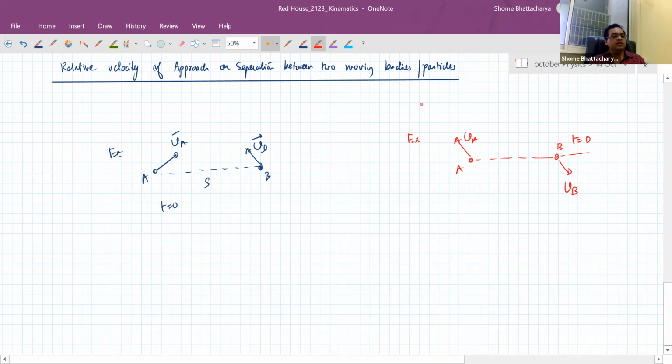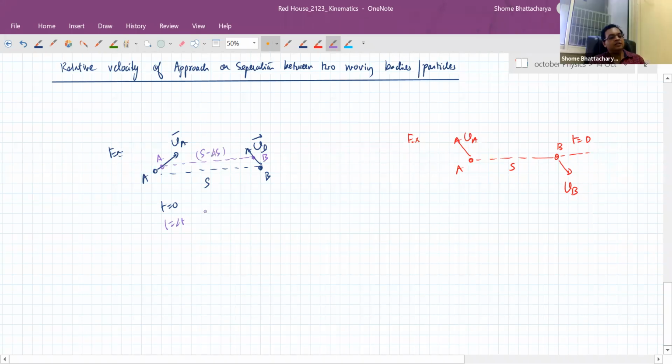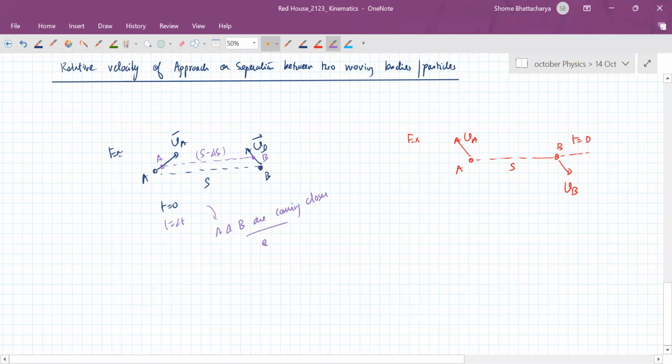Now in the first case, what will happen is that if you see the two objects after a very short time at t equal to delta t, A would be somewhere here and B would be, let's say, somewhere over here. So the distance between them is decreased. It becomes some s minus delta s. So in this example, what is happening is that A and B are coming closer. That is, the distance s between them is decreasing.